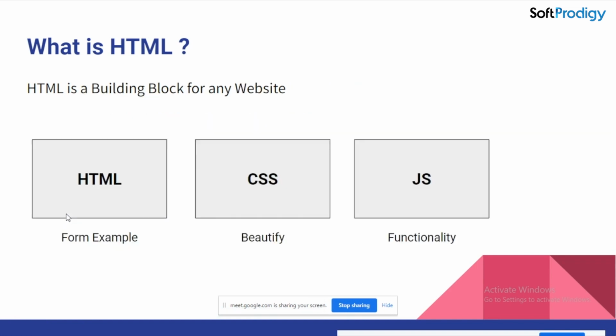There are three main blocks of web development: HTML, CSS, and JS. As I said, HTML is the building block of any website, then we use CSS to beautify our website, and JS we use for the functionality.